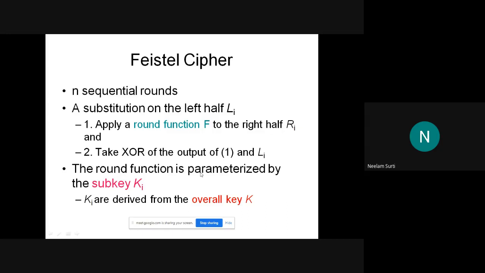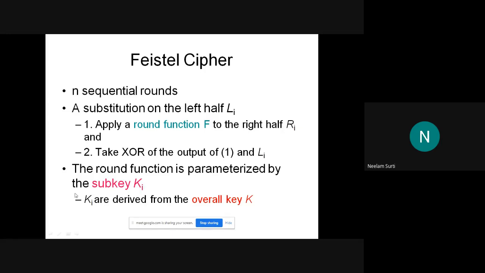The round function is parameterized by the subkey Ki. So the round function is taking input as Ri and the subkey Ki. These two things are the most important part: from where you are getting Ki, which is nothing but from the key. There are two things, plain text and the key. Directly the key is not used. All the bits of the key are not used.